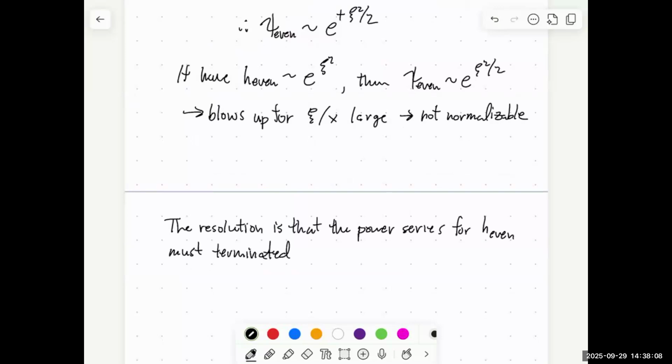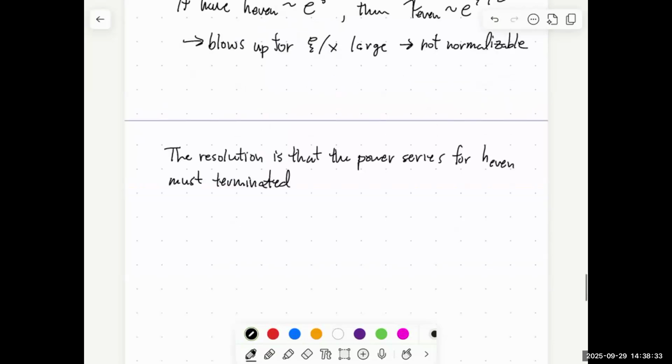If we sum over all values of j even, we get this exponential, which we've just shown is going to present us with a problem. So it must be that we don't sum all terms. We have to truncate that sum somehow. That recursion relation has to stop. And above a certain value, it must be returning zeros for all the other coefficients. So it must terminate.